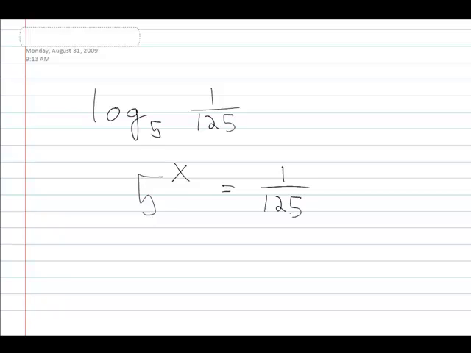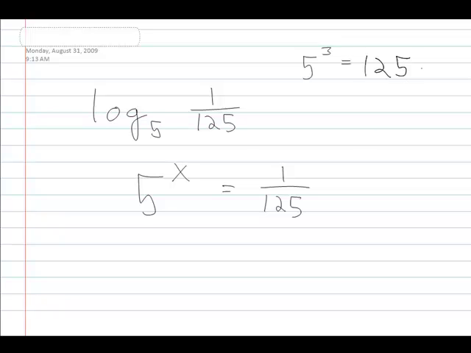If we look at one that's a little bit more difficult, how about the logarithm base 5 of 1 over 125? So 5 raised to what power gives you a 1 over 125? This might not be obvious to see, but one thing that may be a hint is that 5 cubed is 125.